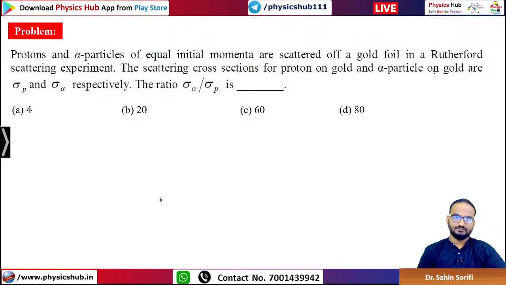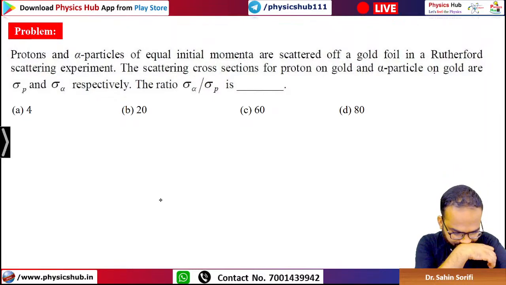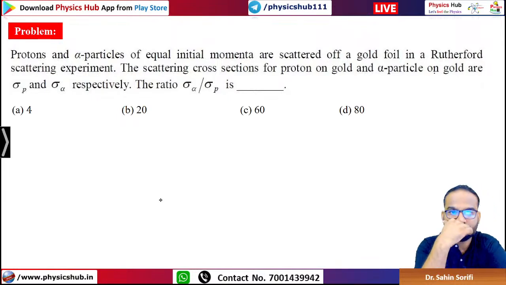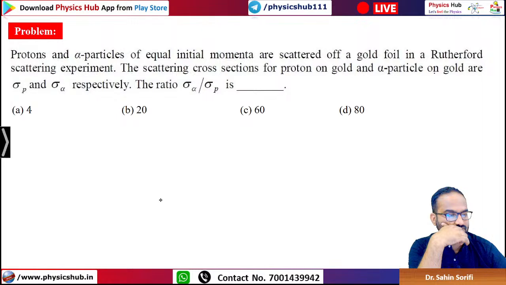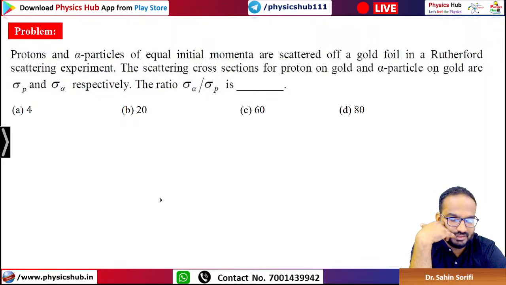Tell me quickly. A, B, C, D. Which one of the options is correct?